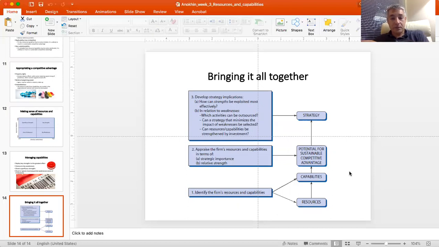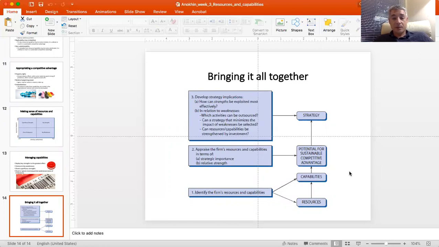Some of them will be where your core competencies are. Those would be most likely to provide you with the potential for sustainable competitive advantage. So to determine which ones are these, you try to appraise those capabilities in terms of strategic importance and relative strength. And from that, you go to the development of strategy, right?